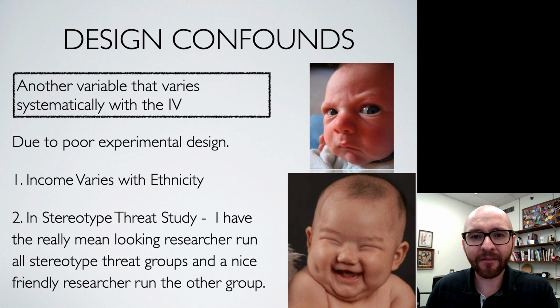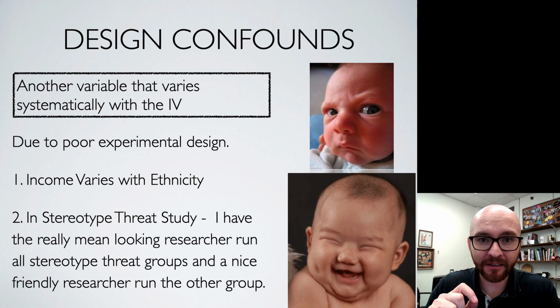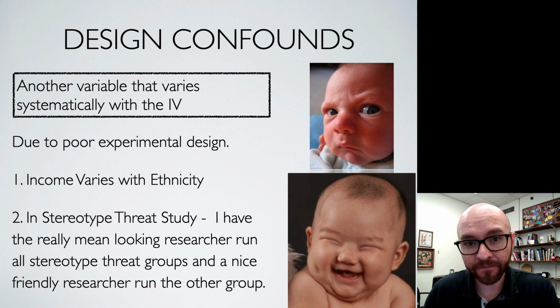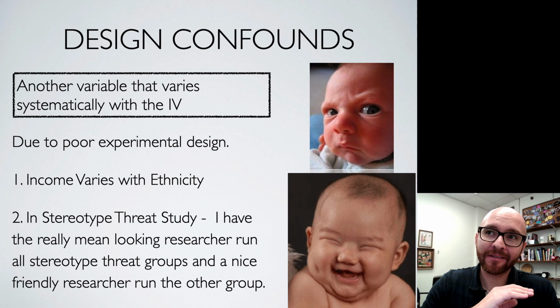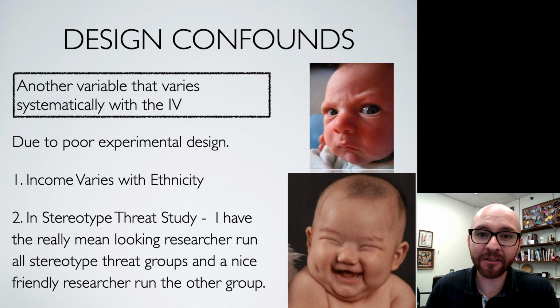So whenever you have an issue with the design and the method, that might call into question your internal validity, or the claim you're making that, in this case, stereotype threat influences ability, then you have an issue with the internal validity. Now, just to be clear, this is hypothetical. Stereotype threat has been shown across dozens or even hundreds of experiments to impact ability. So that's not anything we're questioning.